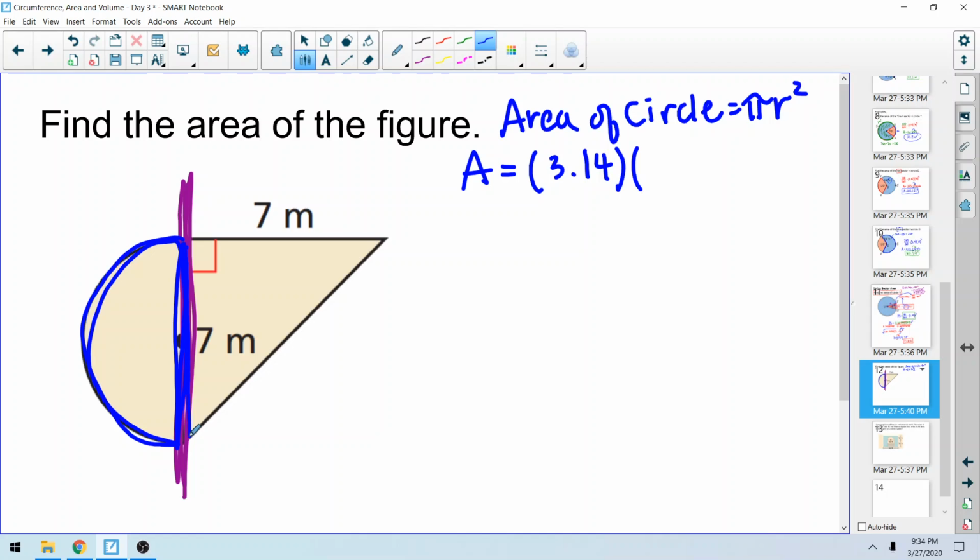Well, that whole line is not the radius, that's the diameter. So we need half of that. If you take 7 divided by 2, that's going to get you 3.5, which is your radius.